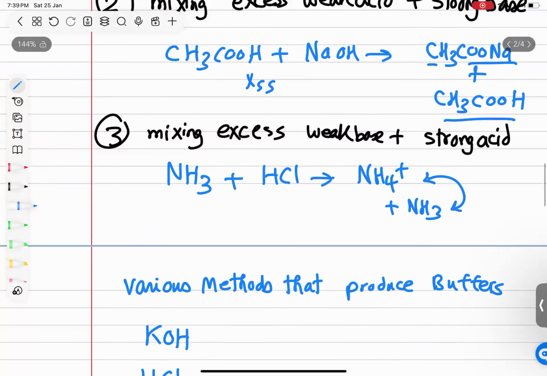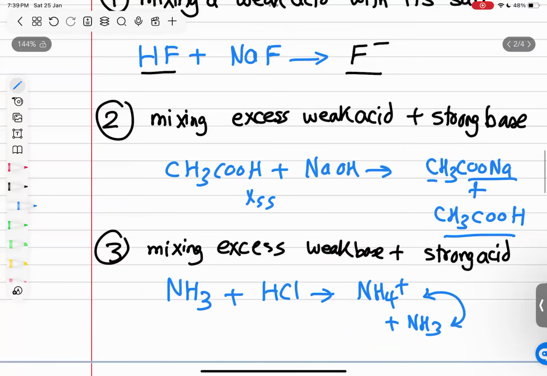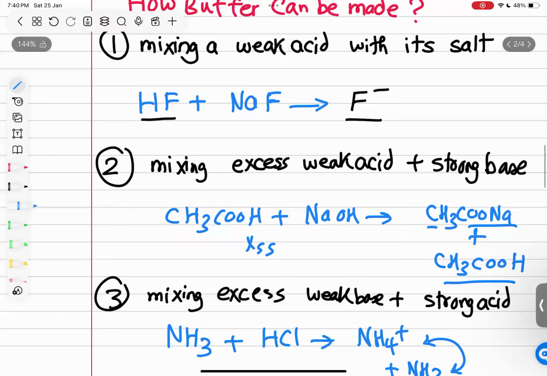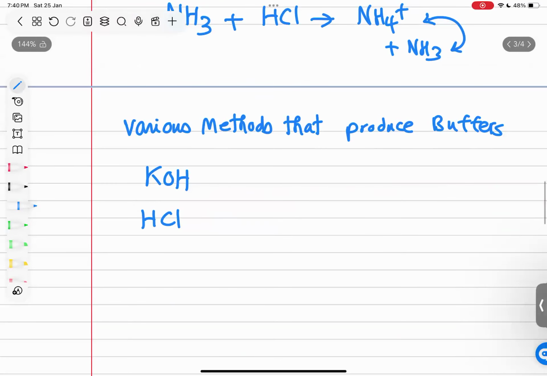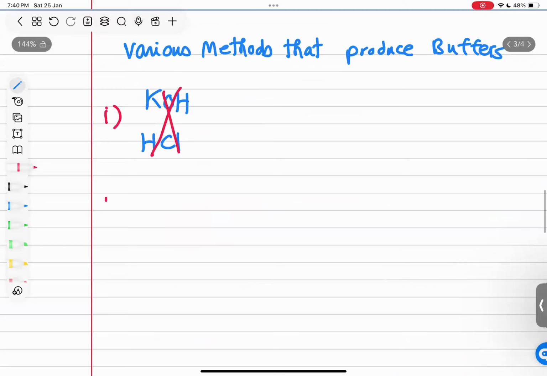You said I will put equal volumes of KOH and HCl. No, we didn't say that adding equal volumes of strong acid and strong base produces a buffer. So this is wrong. The second option he has given us is equal volumes of KOH and C6H5COOH.